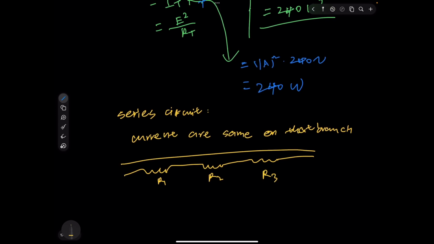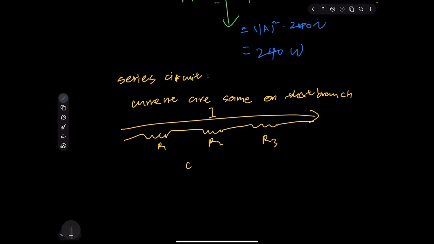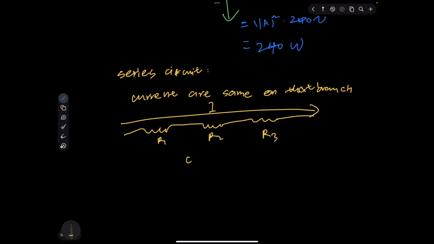So all the current flow is the same on this branch because there's only one way that the current can flow. So current is the same everywhere. They're all the same I, but the voltage is different because they have a different resistance.